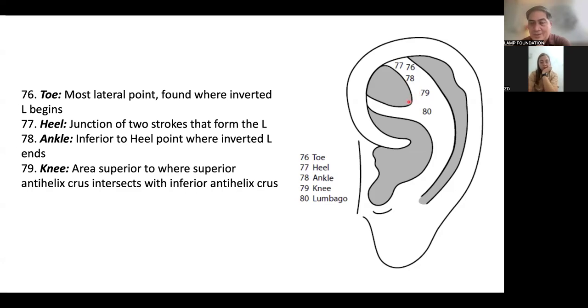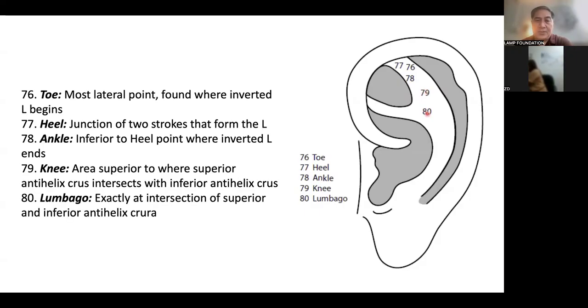You will never forget me. GB30, GB29. So if this is for the hip, so this is the knee. Then we have lumbago. Here. So knee, lumbago. So when you have a kidney issue, both the knee and the lumbago would be tender. Okay?